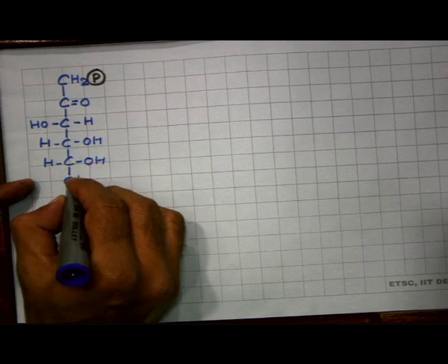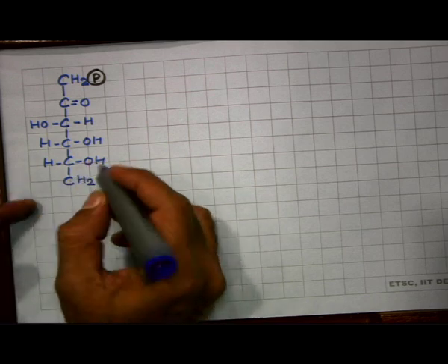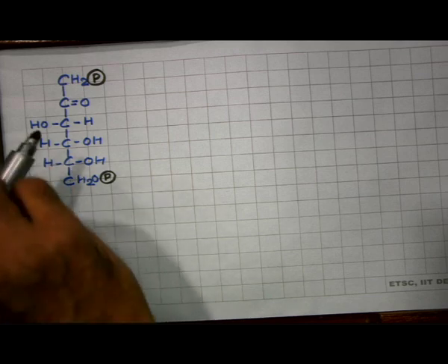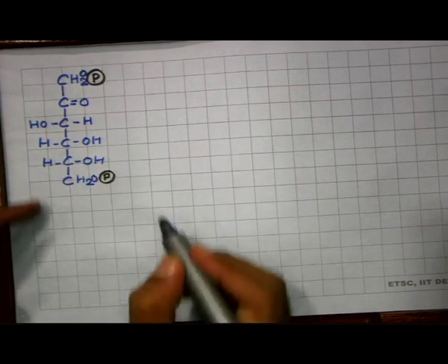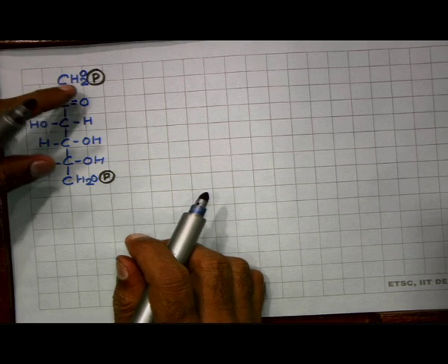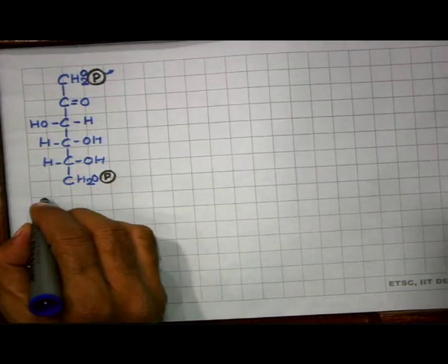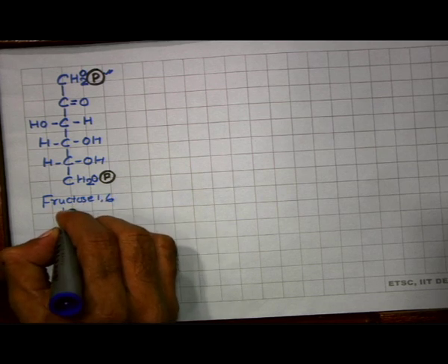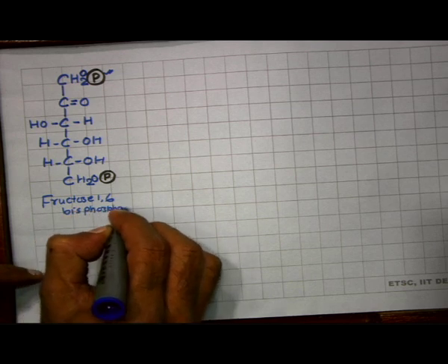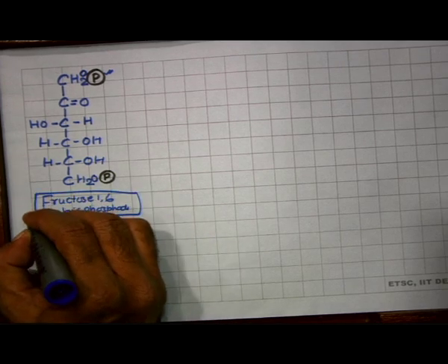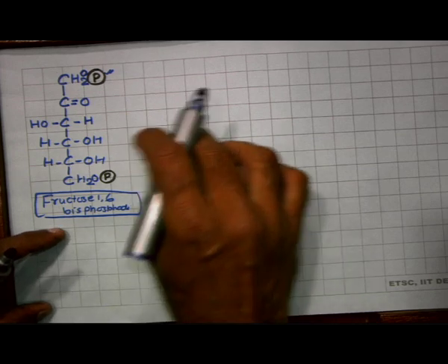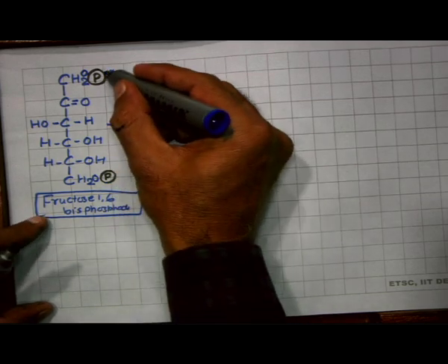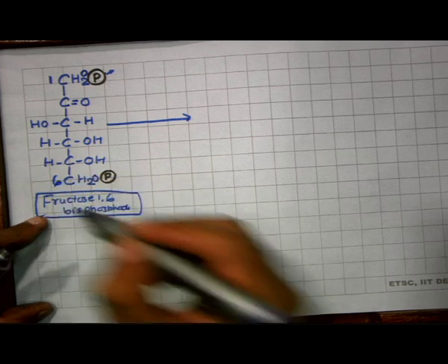Fifth is the same and the sixth one, here, sorry, here also oxygen is there, because in fructose there is CH2OH, and instead of H, phosphate is there. So, this is fructose 1,6 bisphosphate. By adding and subtracting some molecules, we can easily write down the formula of every step. Here the first and sixth carbons have a phosphate group.